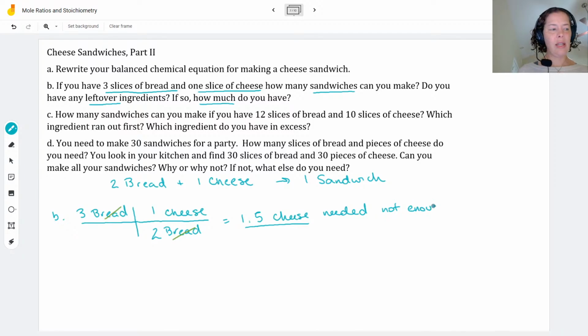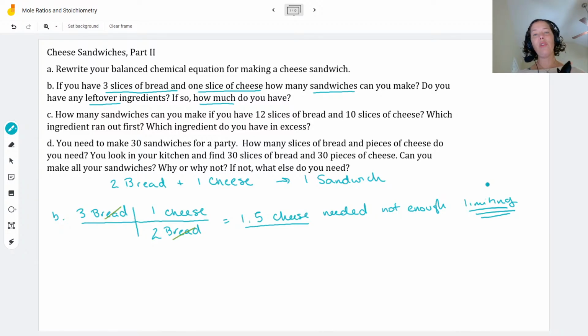So I'm going to run out of cheese first, which you already knew, but I'm going to run out of cheese first, and that makes cheese my limiting reactant. So that is limiting for me in this problem.